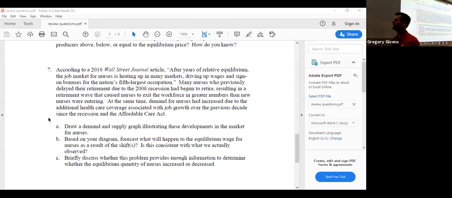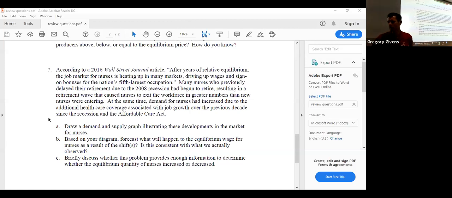And then part C asks you to briefly discuss whether this problem provides enough information to determine what happens to quantities of nurses in the labor market. Do they go up or down? So why don't you guys take 4 or 5 minutes or so and try to sketch an answer to that.